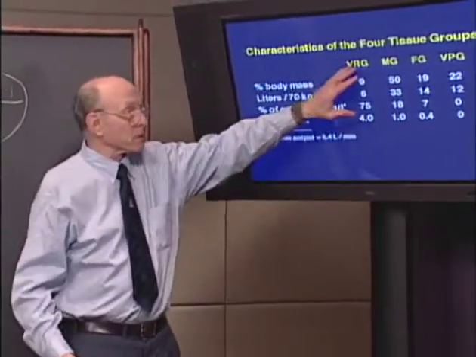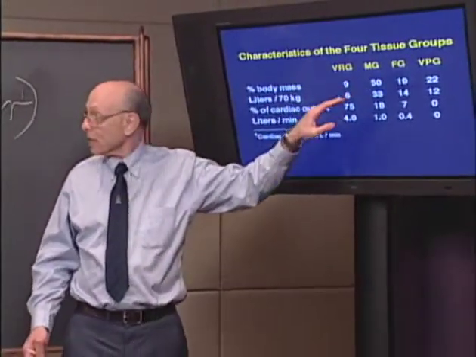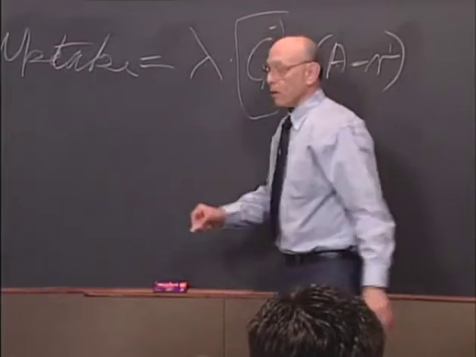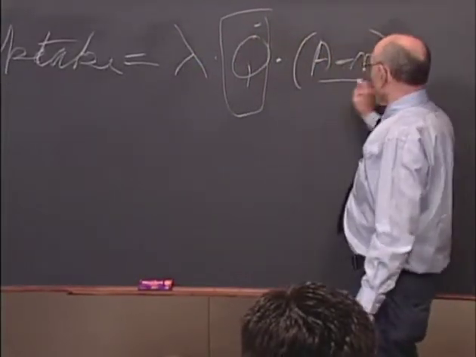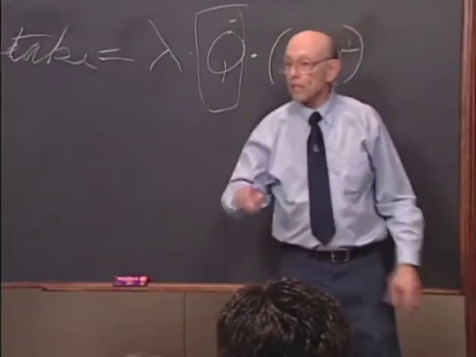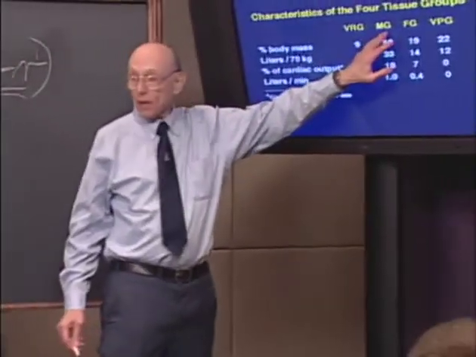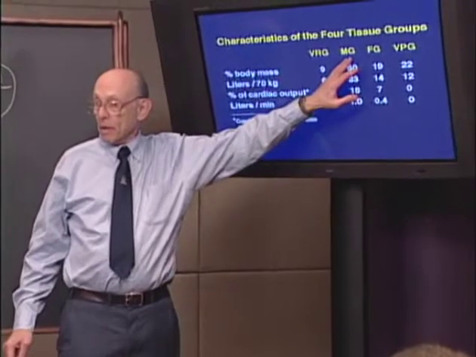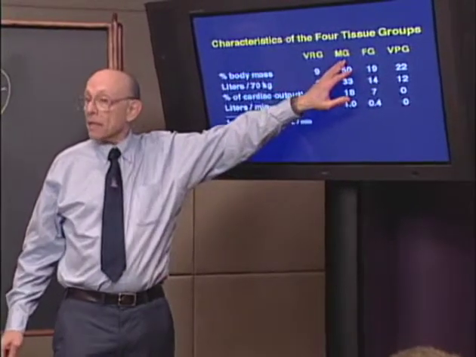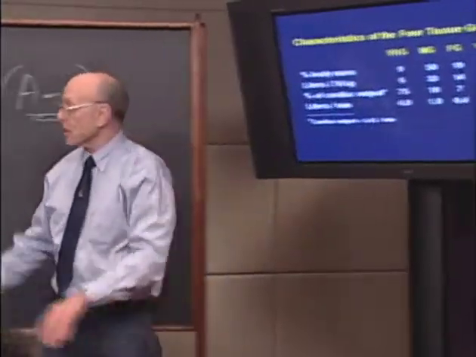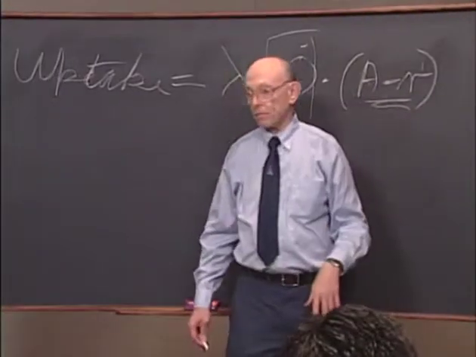The vessel-rich group will take up a lot of anesthetic initially. Why? Because it gets a big flow. But this is going to narrow rapidly, and therefore its uptake will stop in 8 minutes. After that time, uptake is going to be by the muscle group, composed of muscle and skin, which shares with muscle the same solvent and perfusion characteristics, and therefore the same time constant.